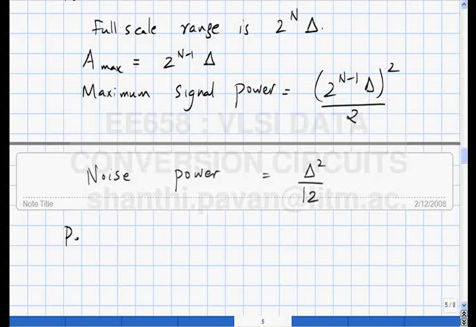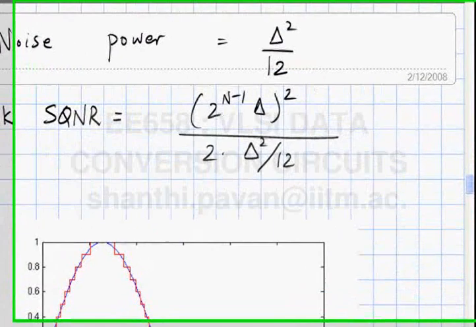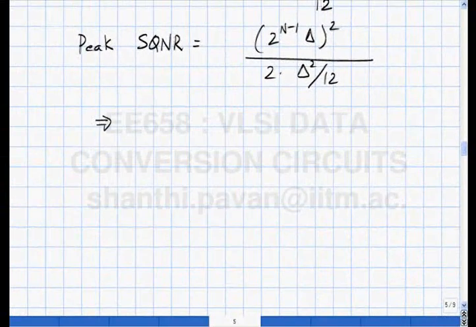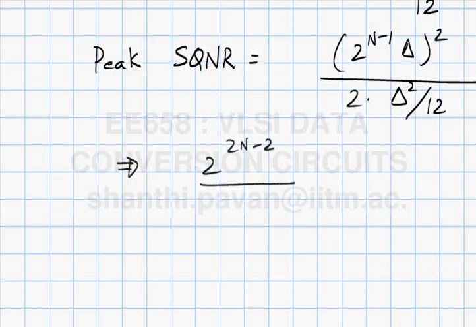So the peak signal to quantization noise ratio is simply (2 to the n minus 1 times delta) whole squared by 2, divided by delta squared by 12, which is 2 to the 2n minus 2, divided by 2 times 12, which is 2 to the 2n minus 3 times 12.